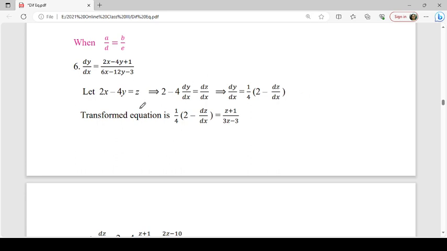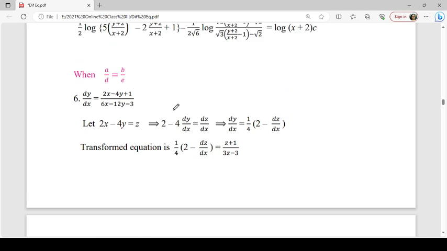And now we substitute 2x minus 4y as z. So the derivative of 2x is 2, the derivative of minus 4y is minus 4 dy/dx, and the right hand side is dz/dx, with respect to x.